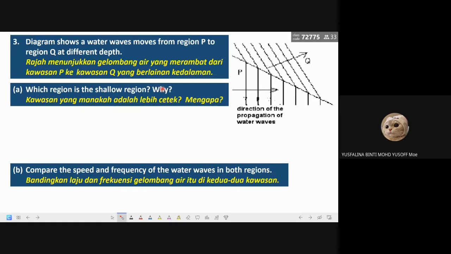How do you know whether it's P or Q that is the shallow region? Anyone want to try?